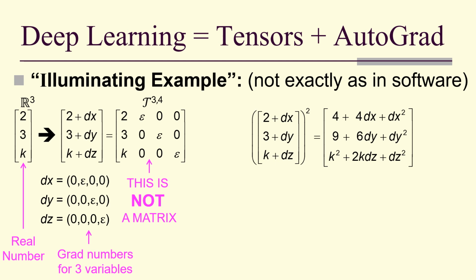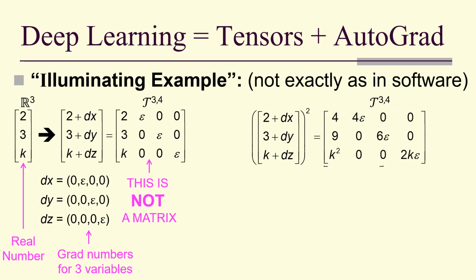But the dx squared, the dy squared, and the dz squared are all going to have epsilon squared, and that's going to be 0. So we actually only end up with this. And therefore, we get another tensor, and it's another set of grad numbers, but it's the grad numbers for the square of 2 plus dx, 3 plus dy, k plus dz.